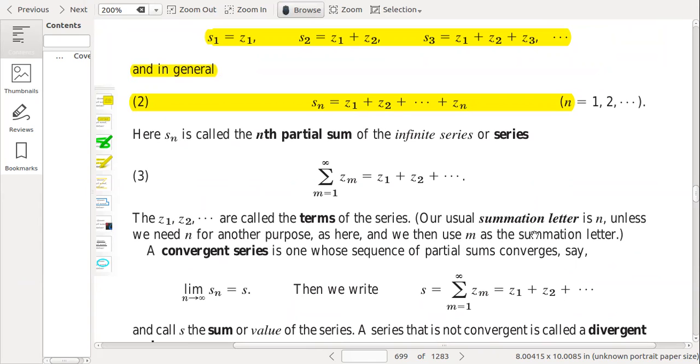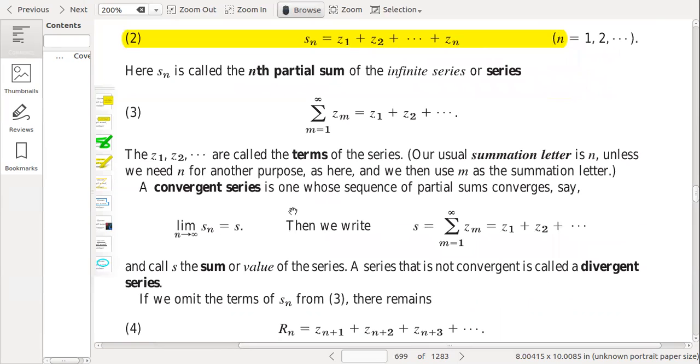Our usual summation letter is n, unless we need n for another purpose as here, and we then use m as the summation letter. A convergent series is one whose sequence of partial sums converges.